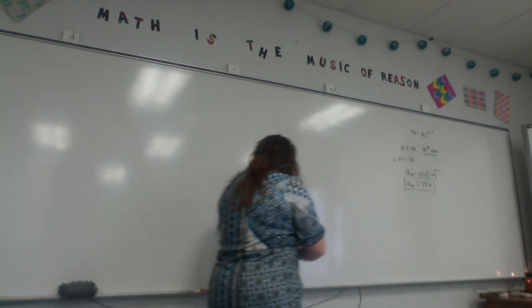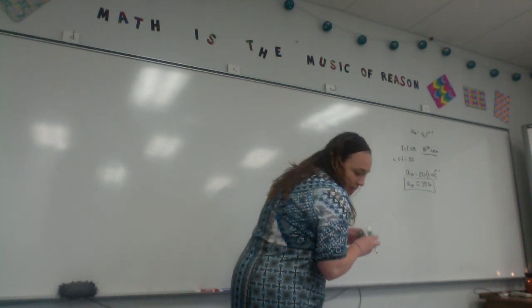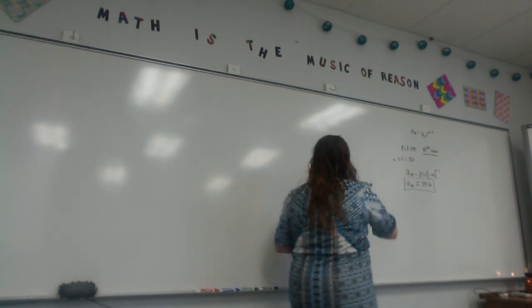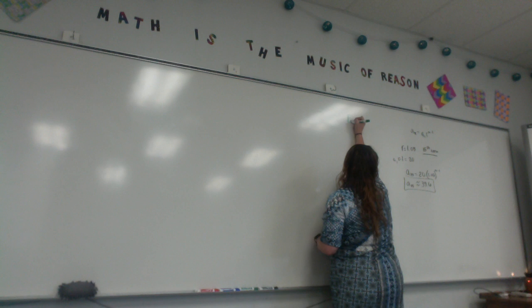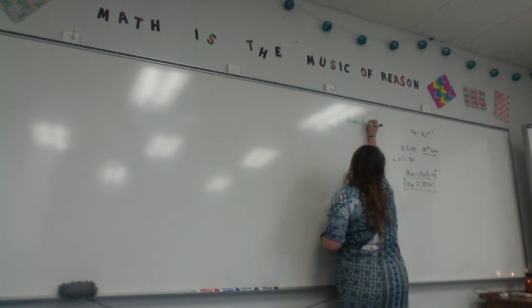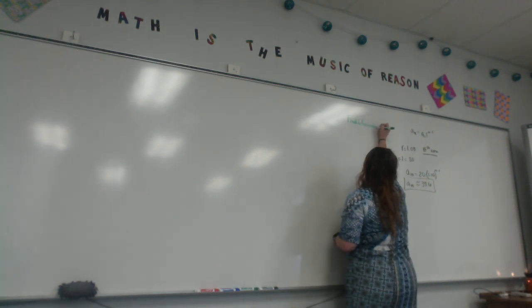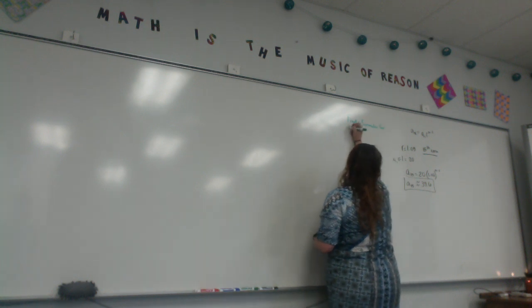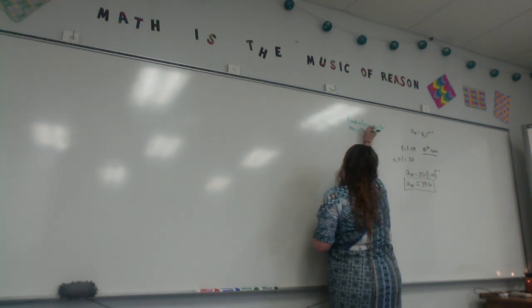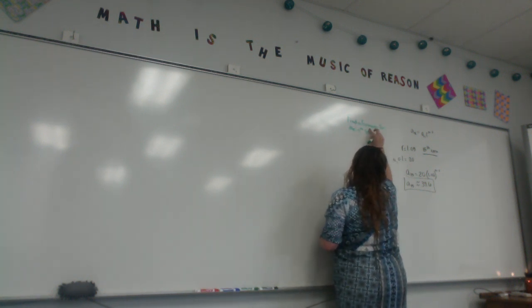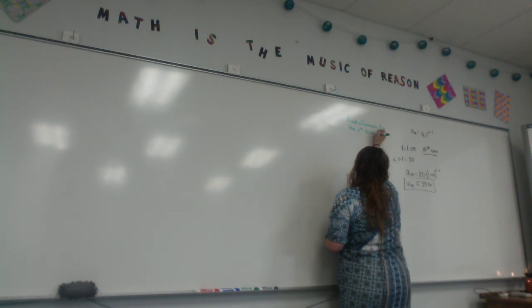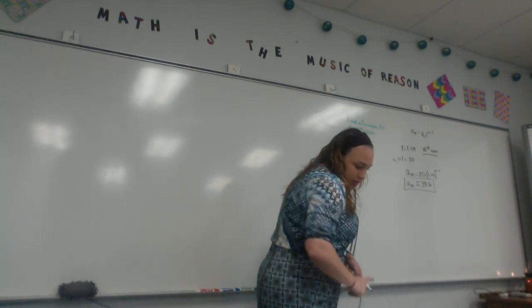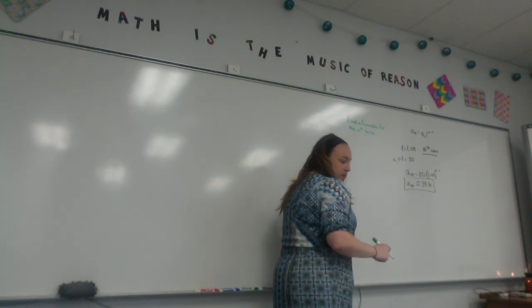Now, what happens if they give us something where they say, find a formula for the nth term? Okay, we want a formula for the nth term when the sequence goes 5, 15, 45.